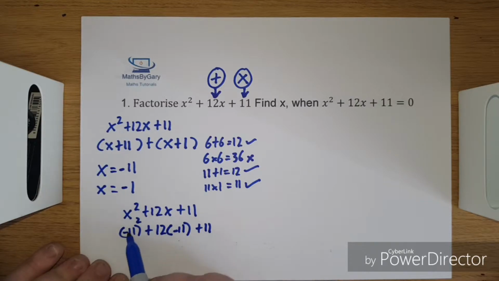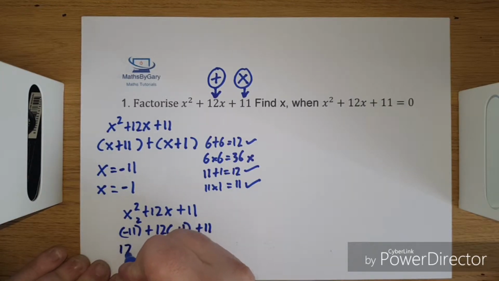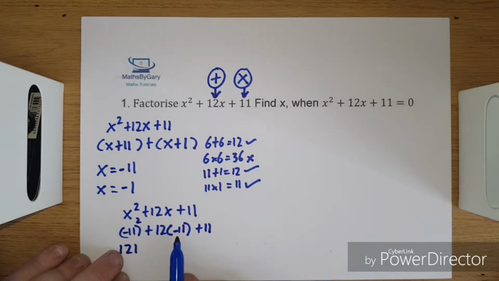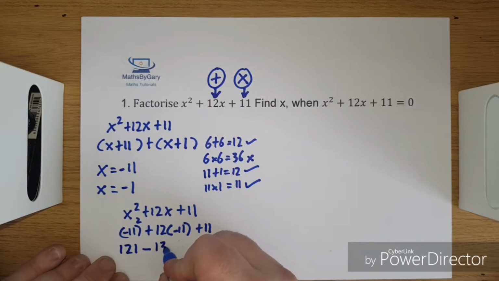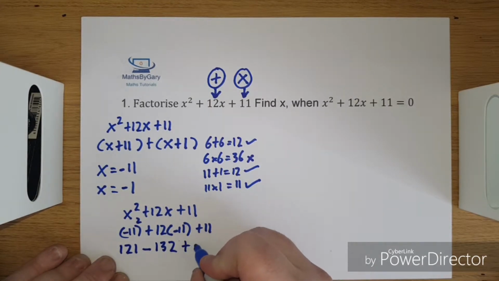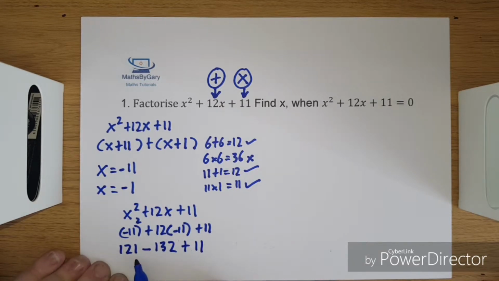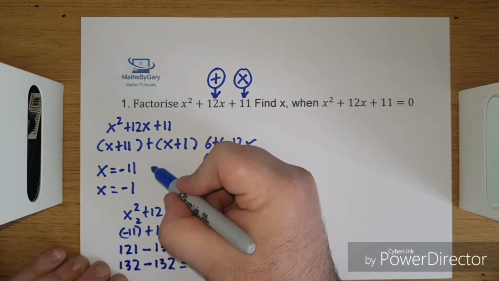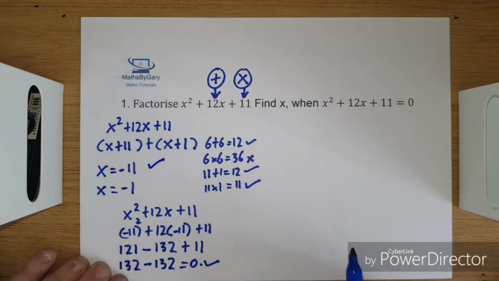So remember, the minus will become positive, so 121 plus, well, the plus will become negative, so we'll put the negative in first of all. 12 times 11 is 132, and then plus 11. So 121 plus 11 gives us 132, minus the 132 gives us 0. So the first one, x equals minus 11, is a root.